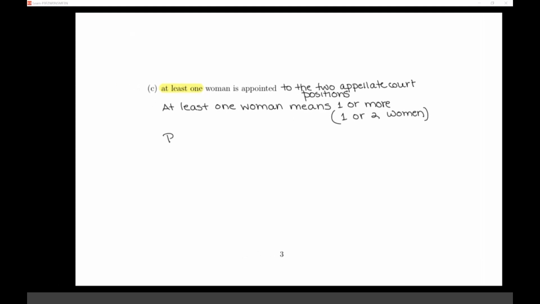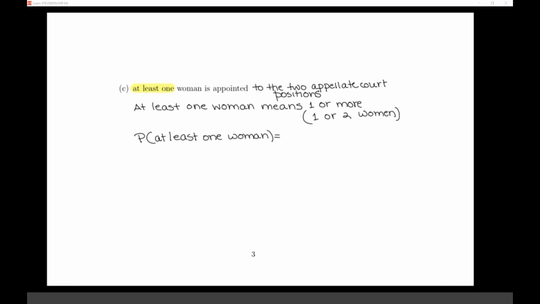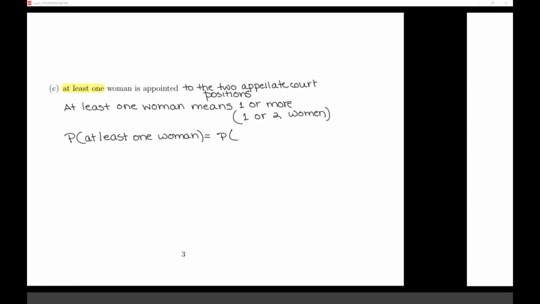So the probability of at least one woman is done like this. It's the probability of exactly one woman, or rather, the probability of exactly 2 women.